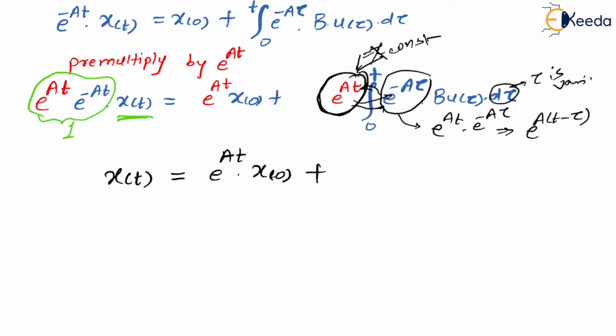As simple as that, because you know that a to the power m into a to the power n is nothing but a raised to m plus n. Similarly, that is what we have done. So what we have here is simple: integration from 0 to t e to the power A t minus tau B into u of tau d tau.